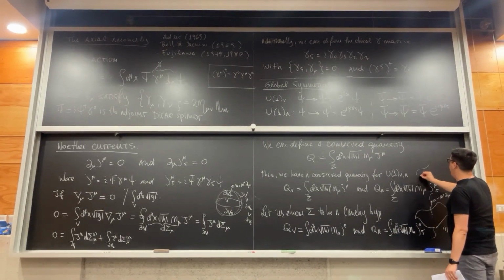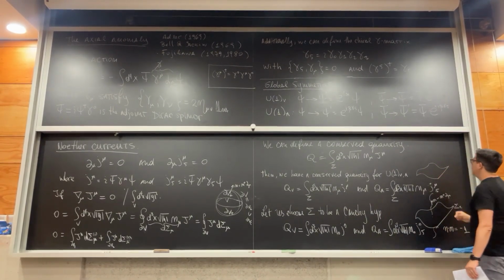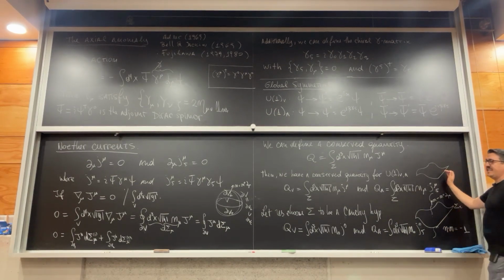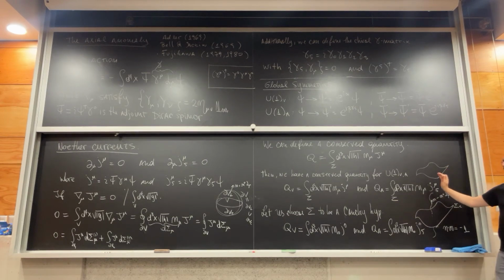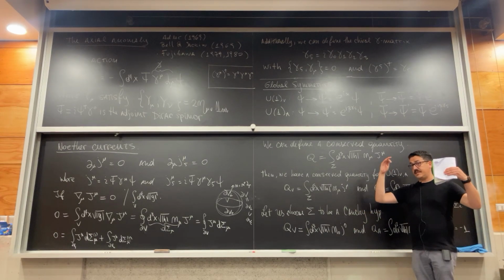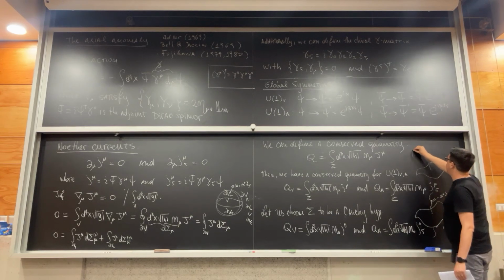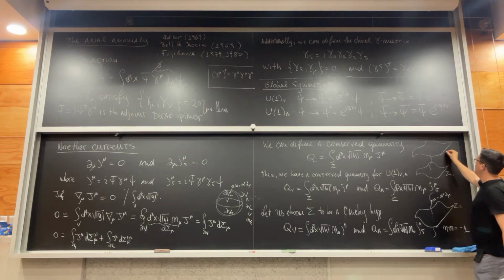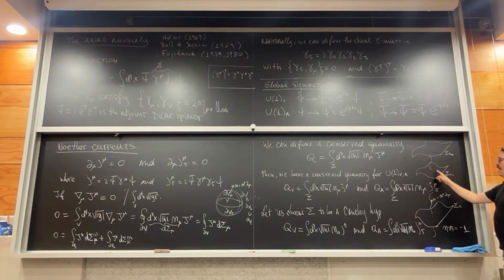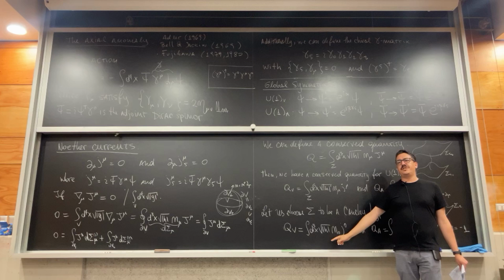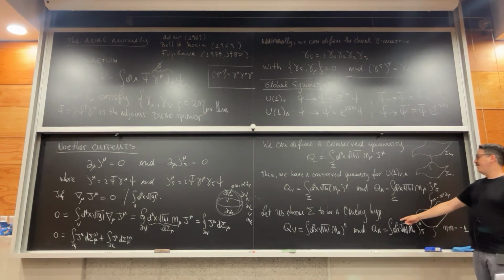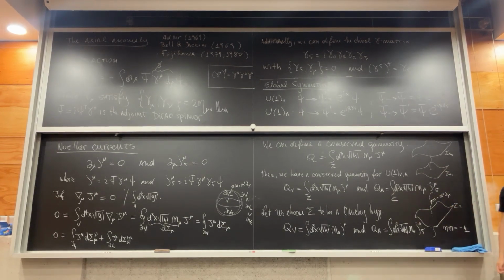So if I have a Cauchy hypersurface of initial data, and I compute this quantity there, and then I evolve the system to another one, let's say here. So this will be sigma T1, and this will be sigma T2. You compute this integral in the first Cauchy hypersurface, and then you evolve the system and compute the same, like, I don't know, 10 minutes later. The value of these will be the same. That is the idea.